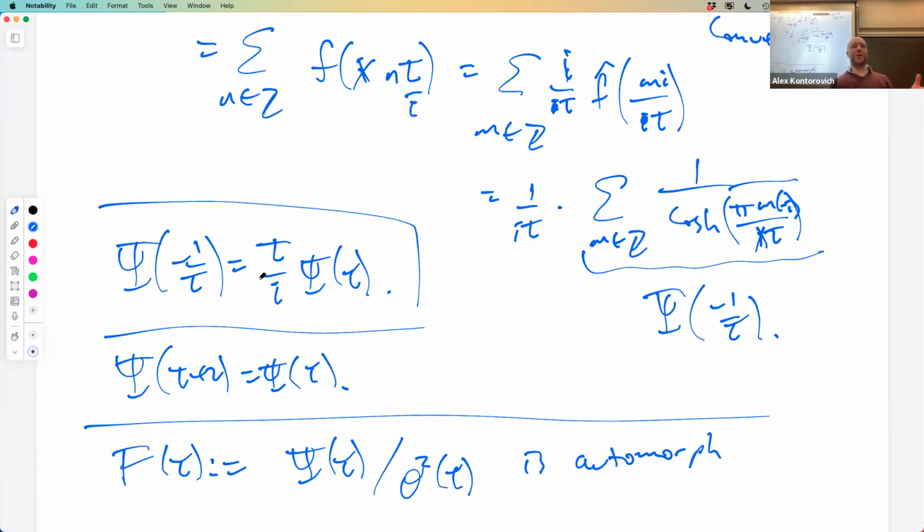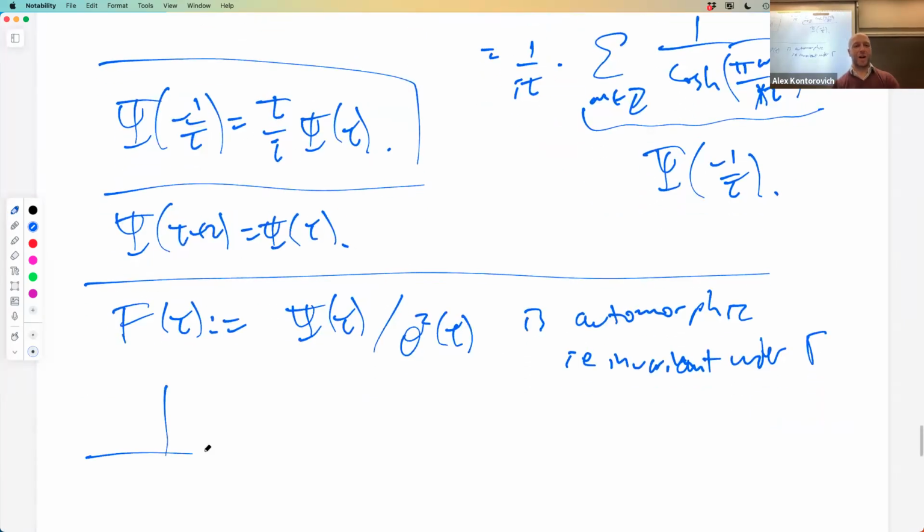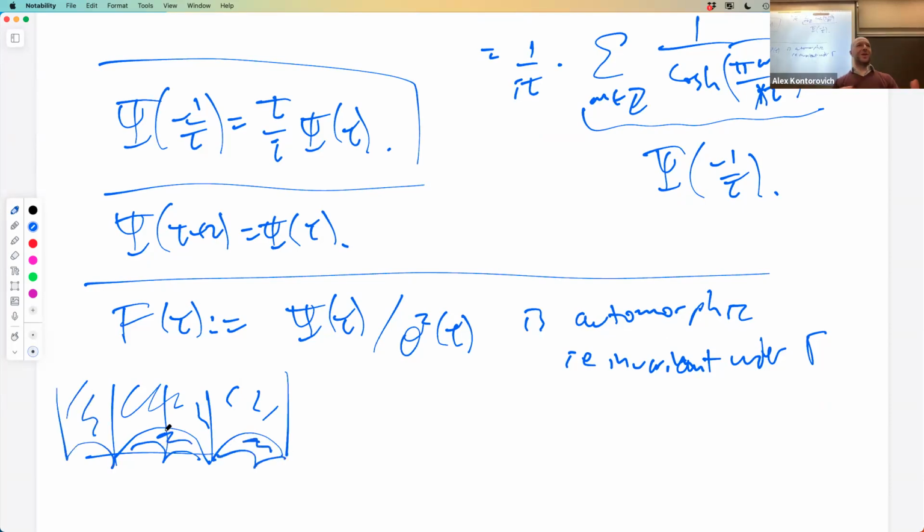When I replace tau by negative 1 over tau, this factor on top and bottom cancels off. There was no factor. So it's automorphic, i.e. invariant under this group gamma. So whatever its values are on this region, that's its values on all the gamma translates of that tile. And it's a hop, skip, and jump from there to this thing being constant. F is constant.